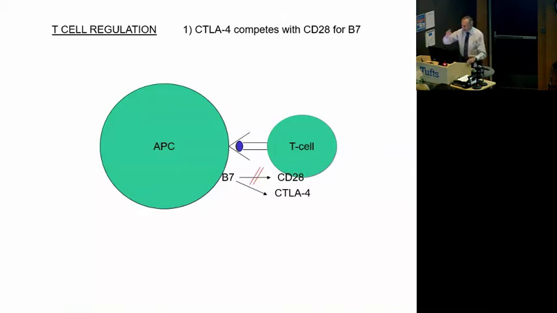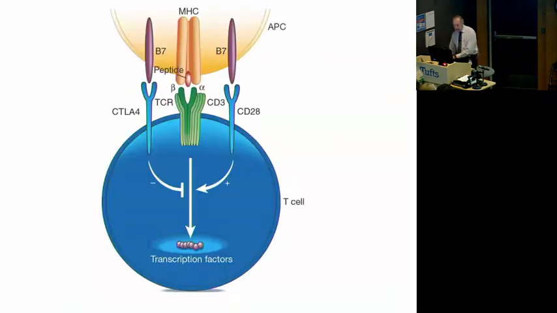So it makes a receptor called CTLA4, which competes with CD28 for B7. That's one mechanism that turns the whole thing down: the T cell starts making CTLA4, which competes with CD28 for B7.